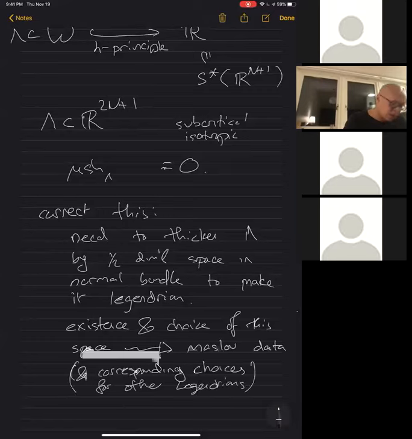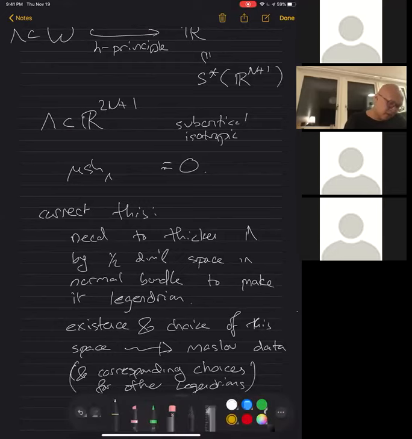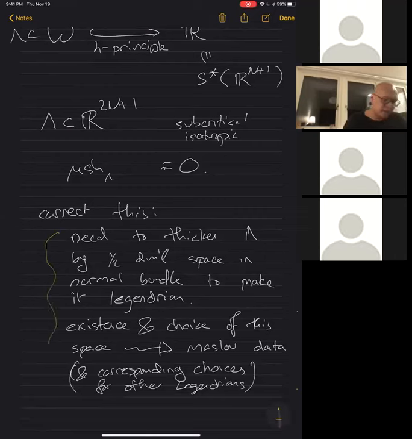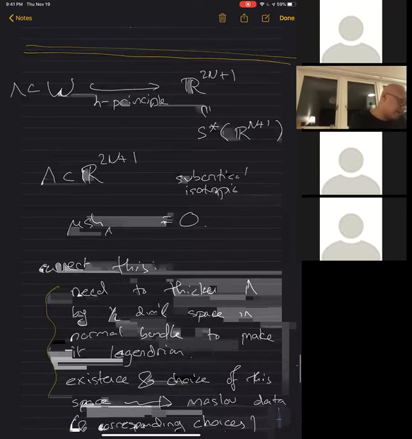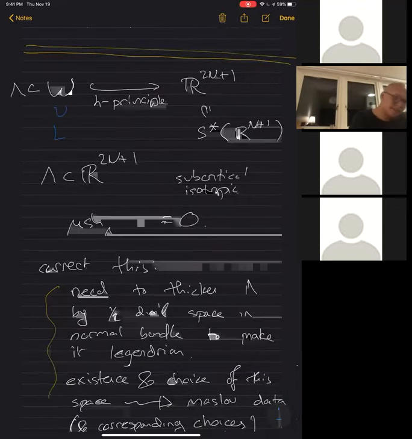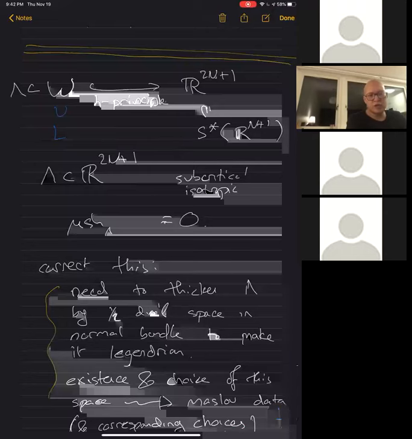Because the point is that once I pick this data on W, then if I have some L in W, in a neighborhood of L, the neighborhood always looks like its cotangent bundle, and the cotangent bundle has some canonical choice of polarization.